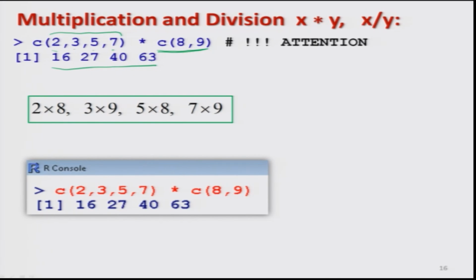This is a similar rule to what we have done earlier, that these two values are being multiplied first with these two values, and these two values are being multiplied again with these two values.